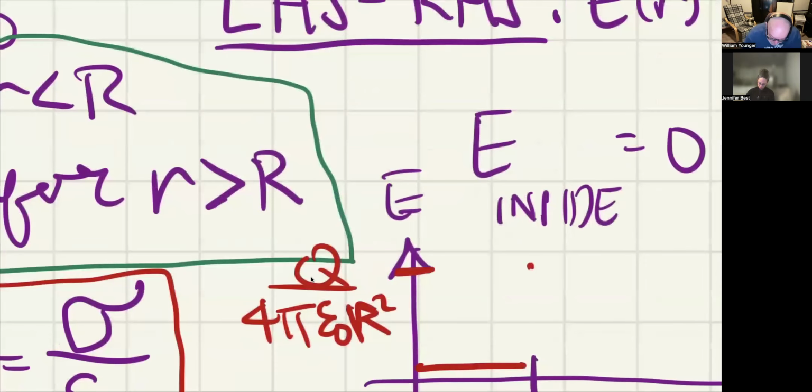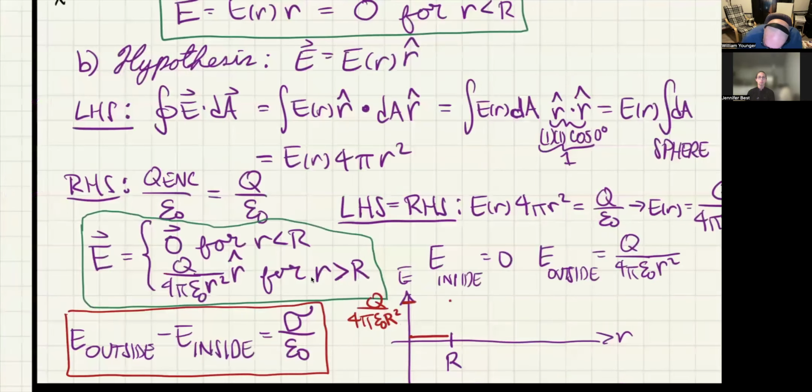And I tried to draw that as a big R after the fact. Let me fix that a little bit bigger. So 4 pi epsilon naught R squared is what the magnitude is there.